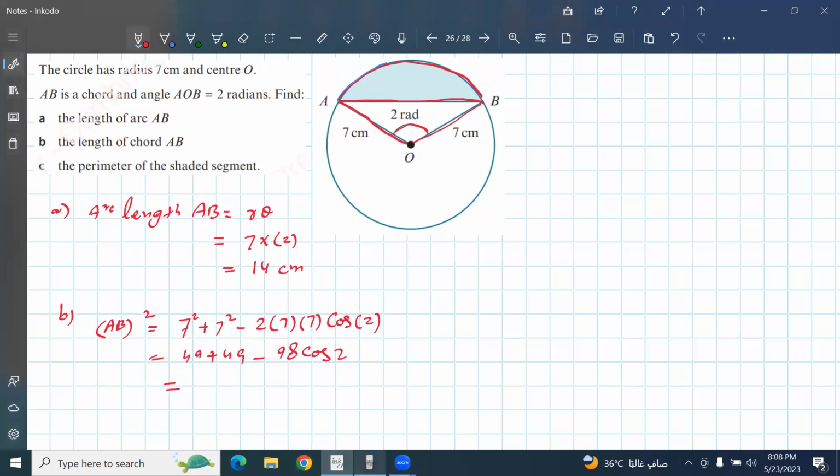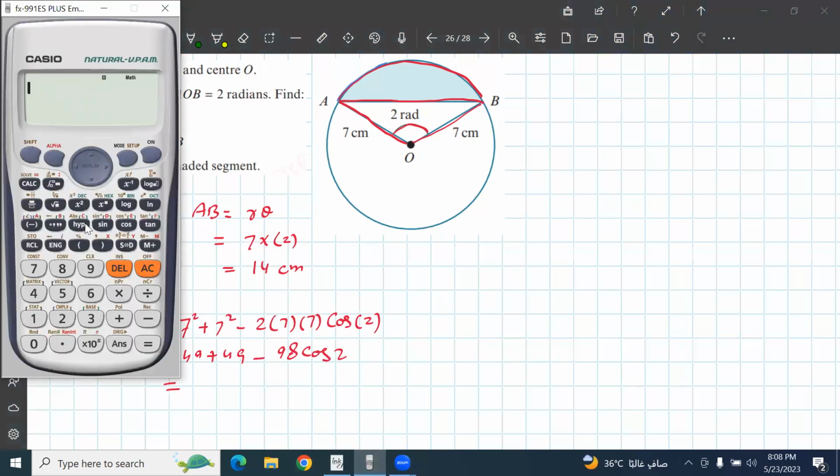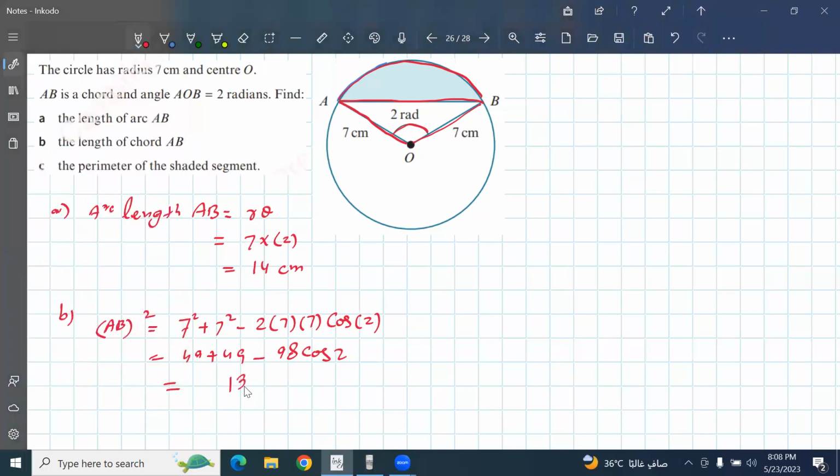We can check in the calculator: 49 plus 49 minus 98 bracket open cos 2. So we have 138.78, but this is AB whole square.